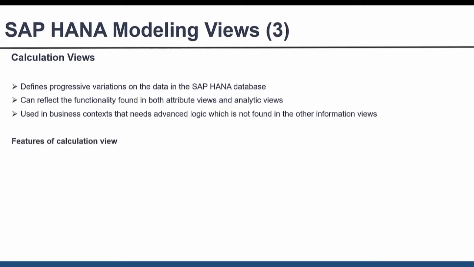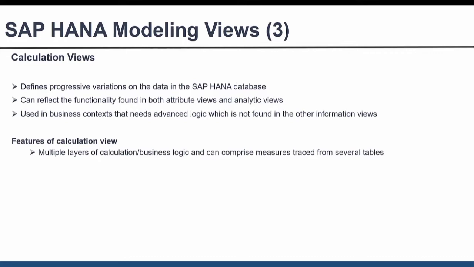Features of calculation views: they can have multiple layers of calculation and business logic that can comprise measures traced from several tables. The basis of data for a calculation view can consist of any combination of tables, column views, attribute views, and analytic views.